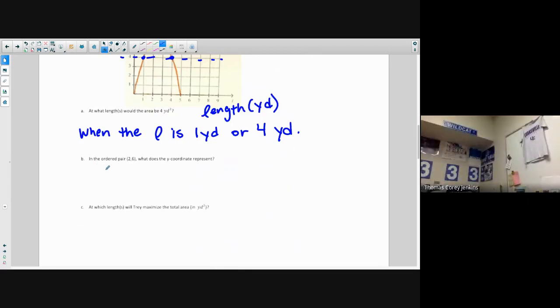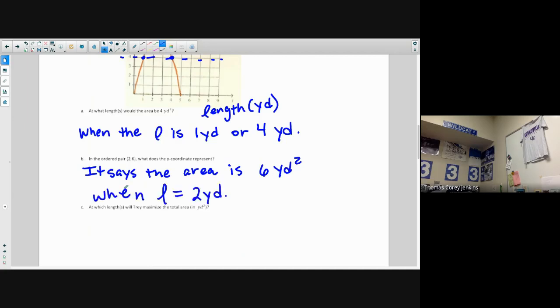It says the area is 6 square yards when the length is 2 yards. So really it only asks me about the y coordinate, but notice I give a little more detail there to really show that I'm reading the graph.